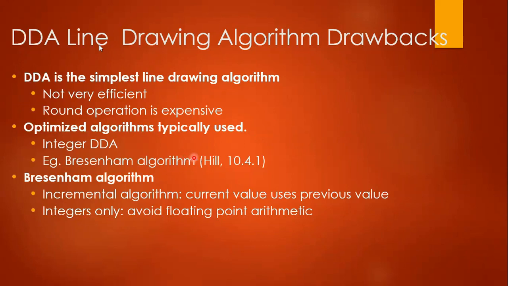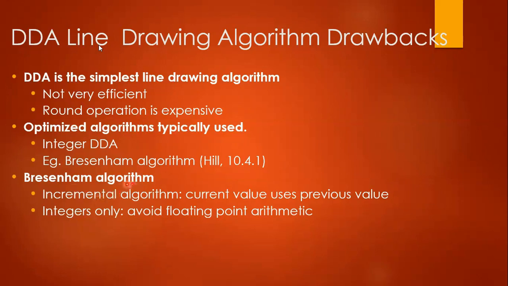Even if there are any, you don't get floating point values here. Everything is done in terms of integers, so the round function will not be there in Bresenham's algorithm. This is the optimized algorithm. Bresenham's algorithm is also a line drawing algorithm, and you can say it is an optimized line drawing algorithm.